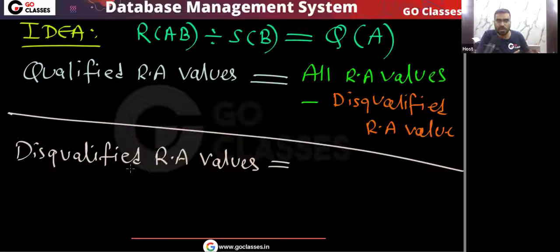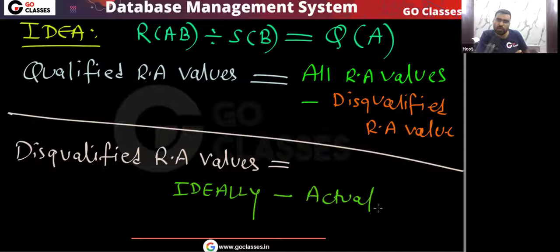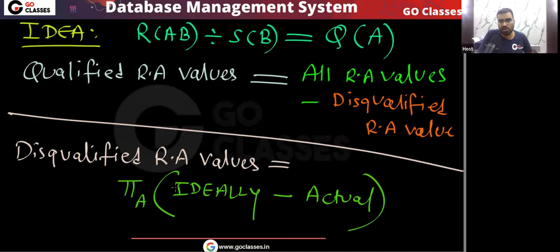Yes or no? So disqualified R.A values will be ideal minus actual. These A values are the disqualified R.A values. That's it. This is the answer.